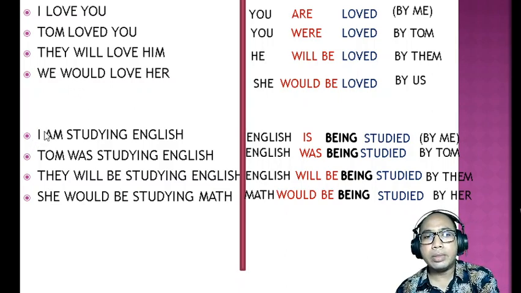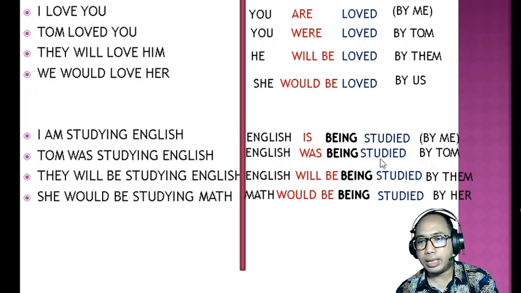Next, I'm studying English. Present continuous becomes English is put in the front, and in the middle between is and studied there is being. Continuous is being. By me. Past continuous: Tom was studying English. English was being studied by Tom. Being again.